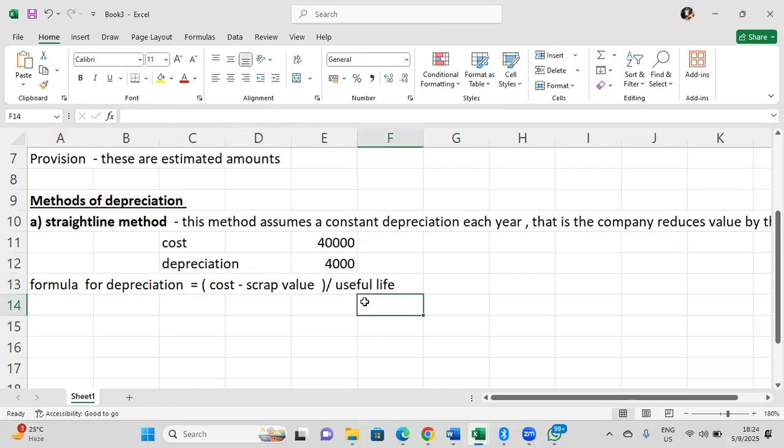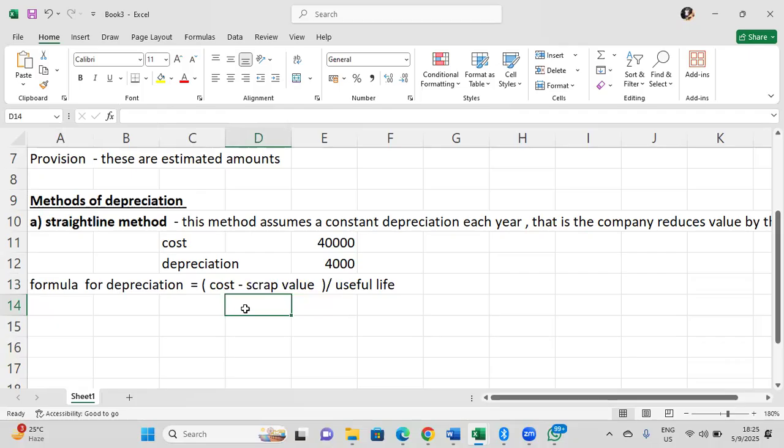So calculating depreciation using the straight line method, you say the cost, that is the price at which you bought the asset, minus the scrap value, which can also be called the residual value. This is what you are expecting to sell the asset for.